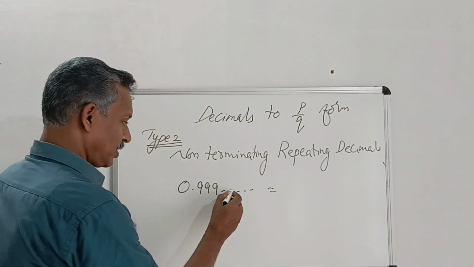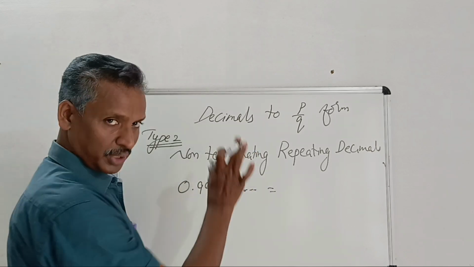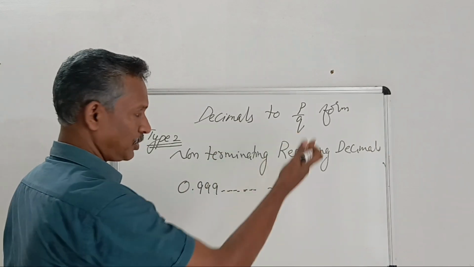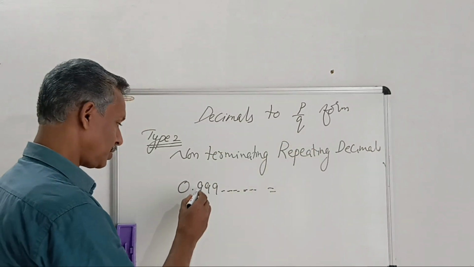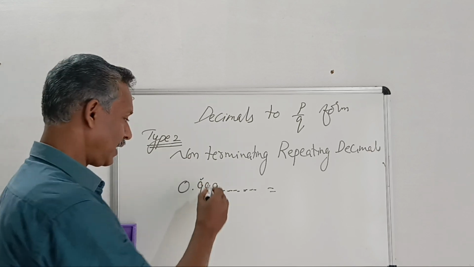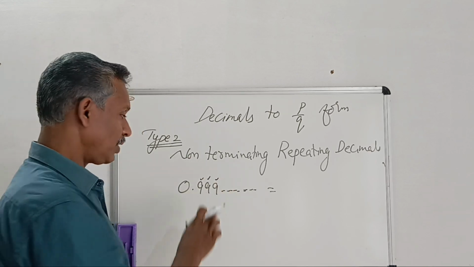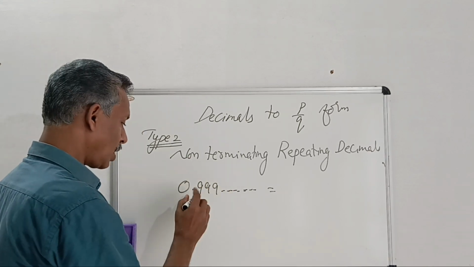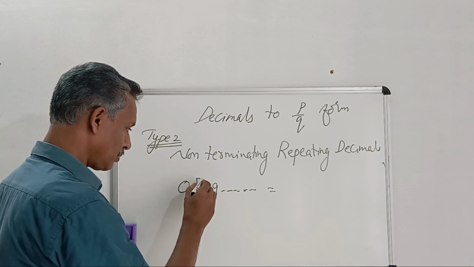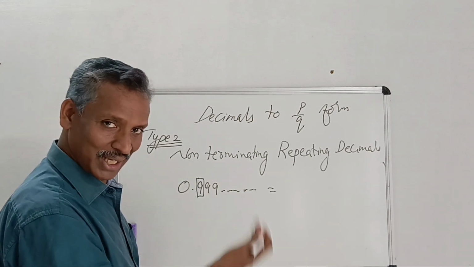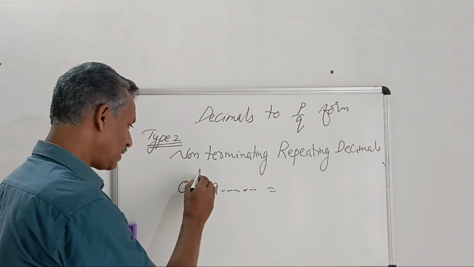It is never ending, so it is called non-terminating. It is not stopping but repeating. Which digit is repeating? 9. In this repeating group, how many digits are repeating? The digit 9 is repeating, only one digit.